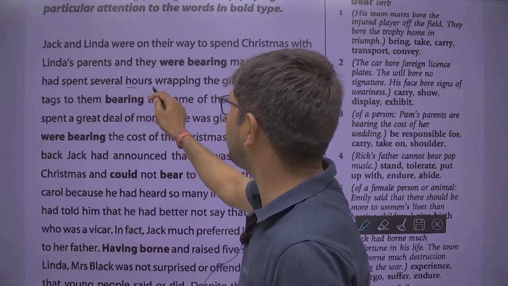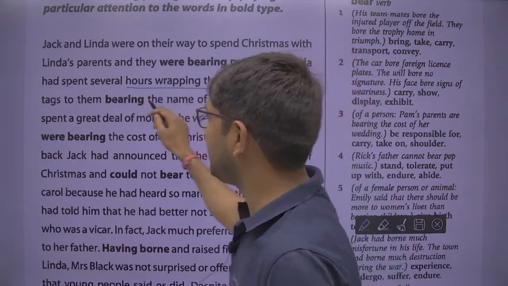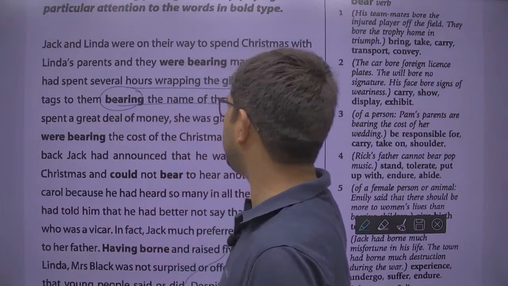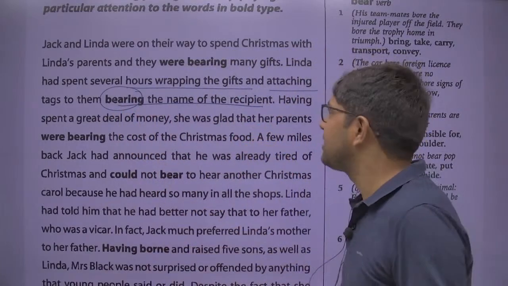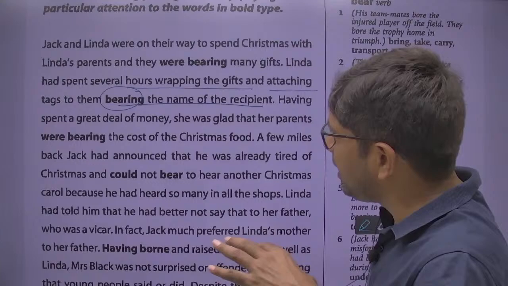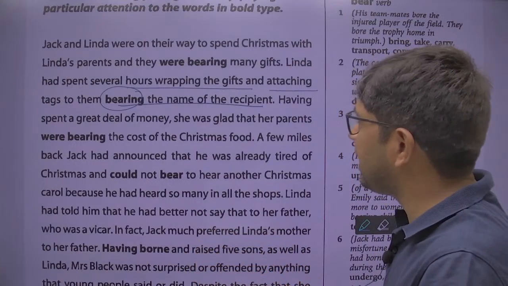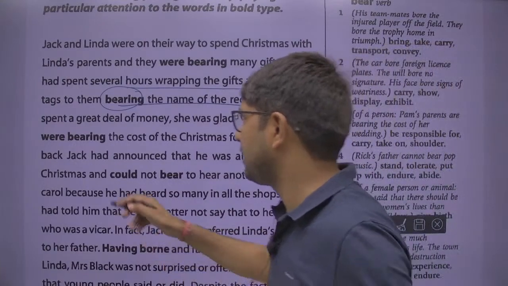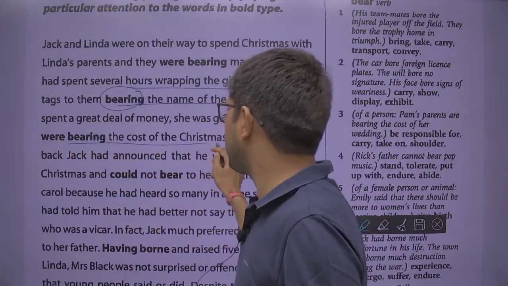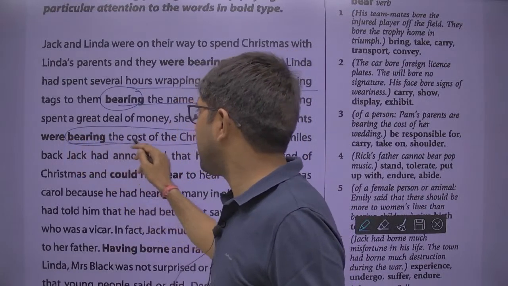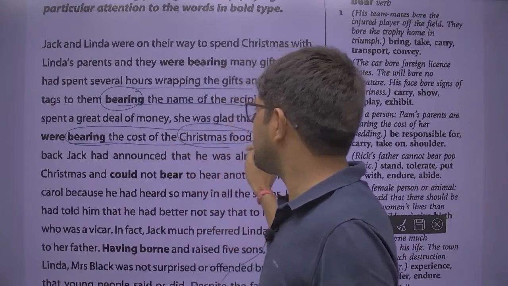Hours wrapping the gifts and attaching tags to them, bearing the name of the recipient. Having spent a great deal of money, she was glad that her parents were bearing the cost. Bear the cost means who is going to pay for it. So her parents were bearing the cost of Christmas food.